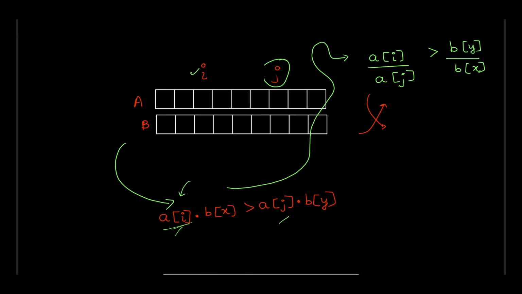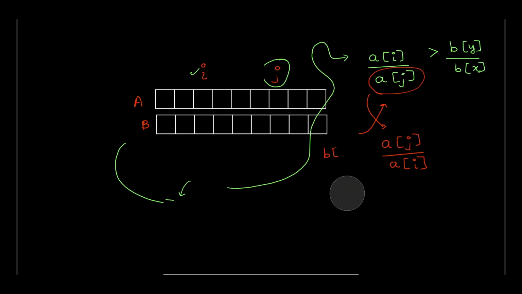So if you look at it from the perspective of this second element, right, which is the second element of the pair, that would be AJ upon AI, right? And this left hand side you will have B of X on top, and then you will have B of Y, and this would be less than or equal to sign.